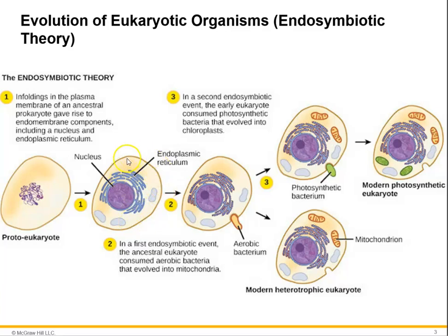Now, this proto-eukaryote is thought to have, at this point, engulfed another prokaryote, probably an aerobic bacterium, and eventually this aerobic bacterium learns how to survive inside of the cell to the point that it cannot live without the other prokaryotic cell.